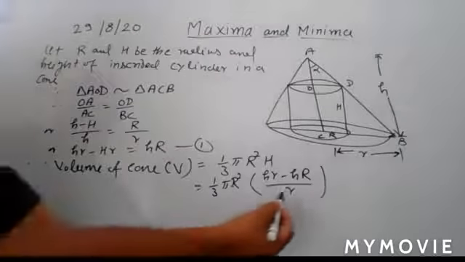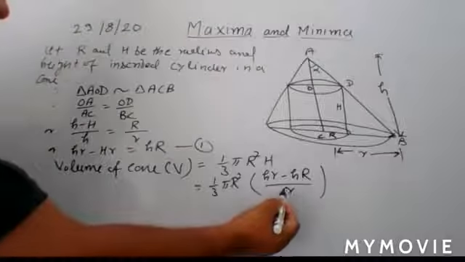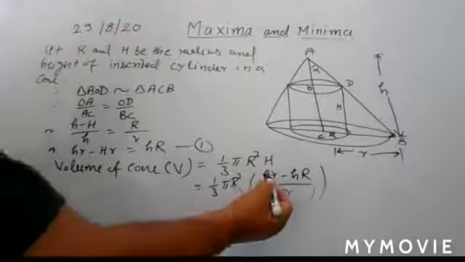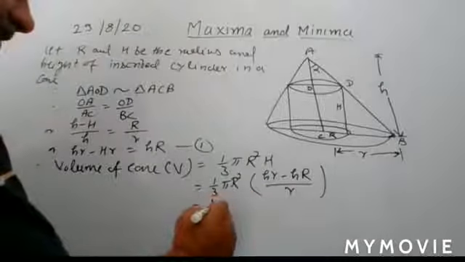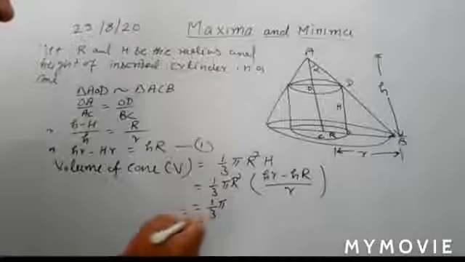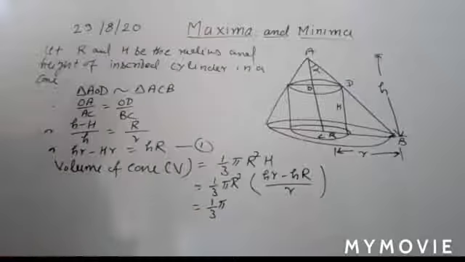Small r is taken as constant, and small h is also constant. So you can write 1 upon 3. Excuse me, sir, in the question it was saying show that the volume of the greatest cylinder. Greatest cylinder means its volume is greatest.